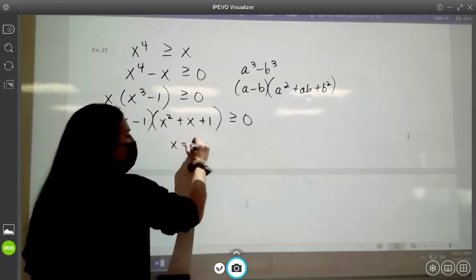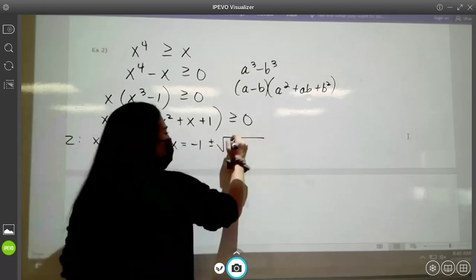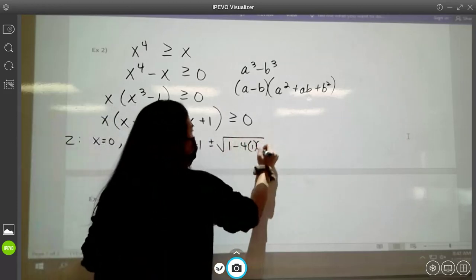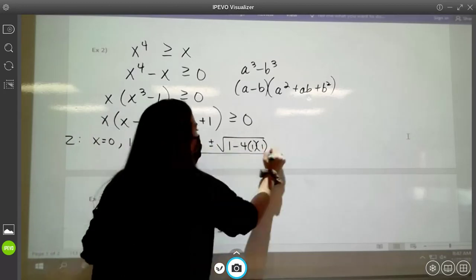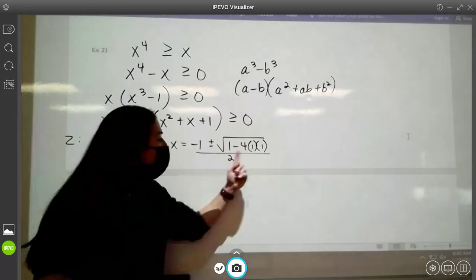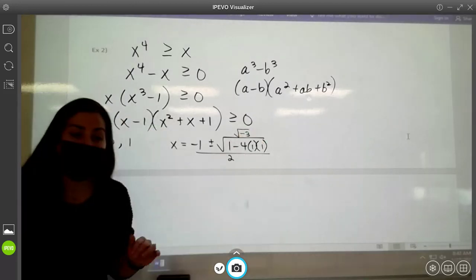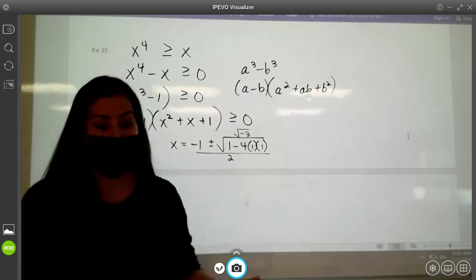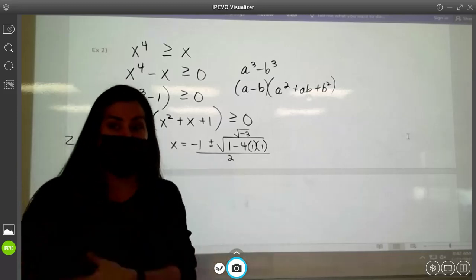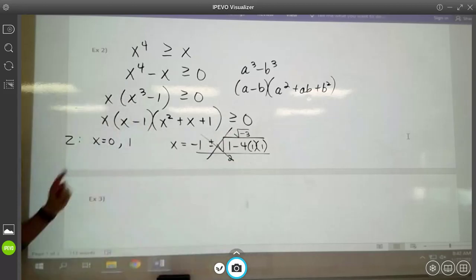X will equal the opposite of 1 plus or minus the square root of 1 squared minus 4 times a times c all over 2a. Well, guys, some good news coming our way. 1 minus 4 is going to leave us with the square root of negative 3. So that means our last 2 zeros are imaginary, which don't actually become x-intercepts. So now I don't even have to worry about those 2 zeros. I just got to worry about my 0 and my 1.